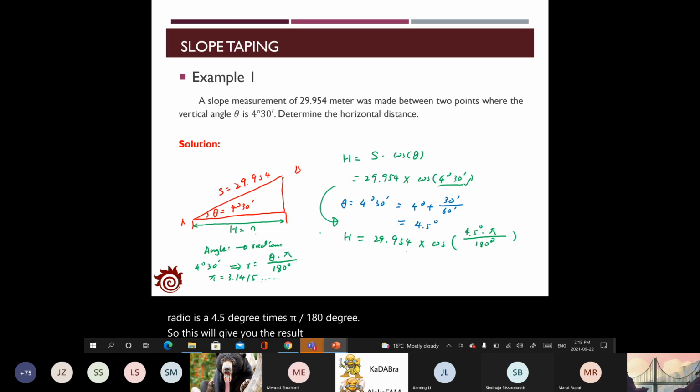Let me quickly check that. The result would be 29.862 meters. So that's the way for you to find the horizontal distance with the slope measurement. This is the first example.